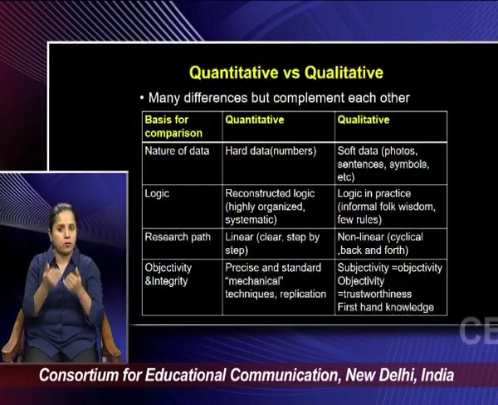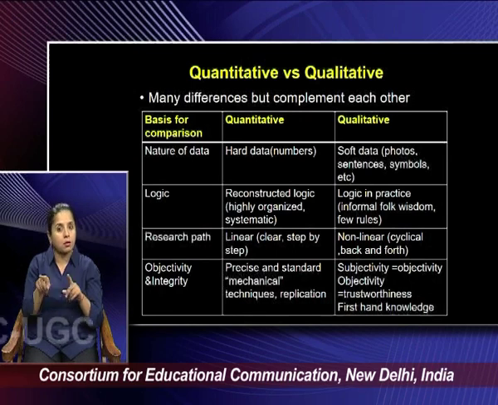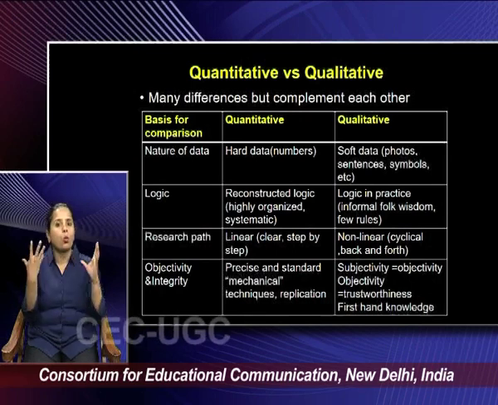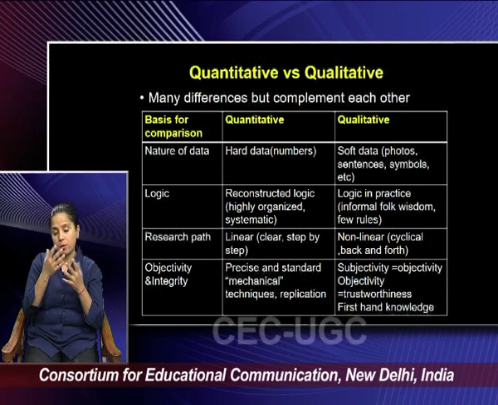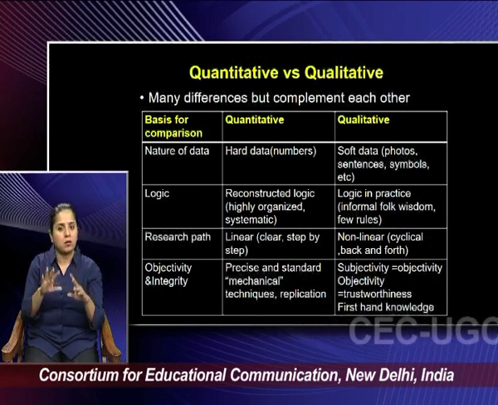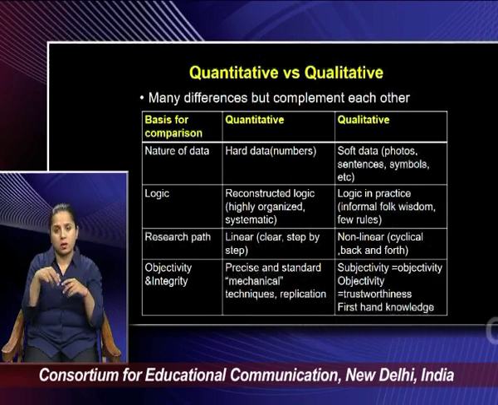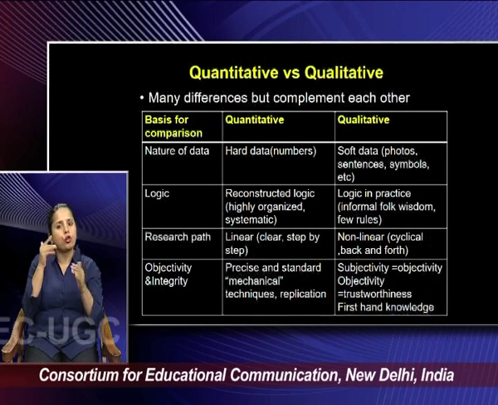So, if we look at quantitative and qualitative research, we see that there are many differences. Let us try to sum up the differences now, and we also see that despite the differences, they complement each other. So, if we compare them on certain dimensions, we see that they differ from each other, and still they seem to be there to support, to complement each other.